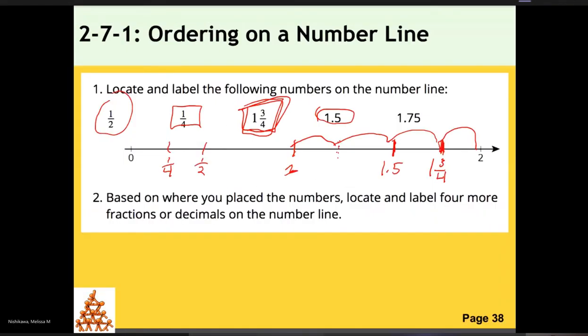All right. And then our last number, 1.75. Where would that be? Anyone other than Zoe. I want everyone to try to be involved.